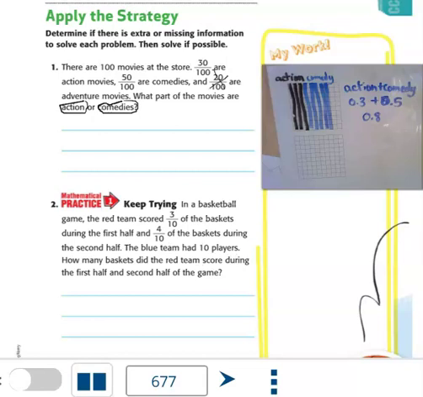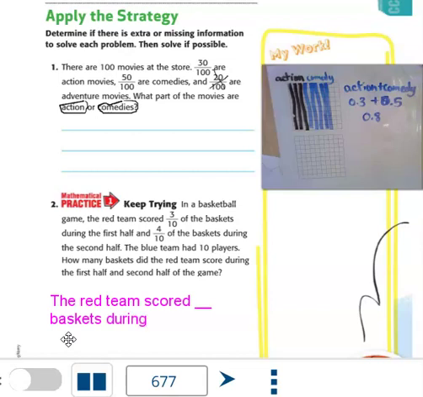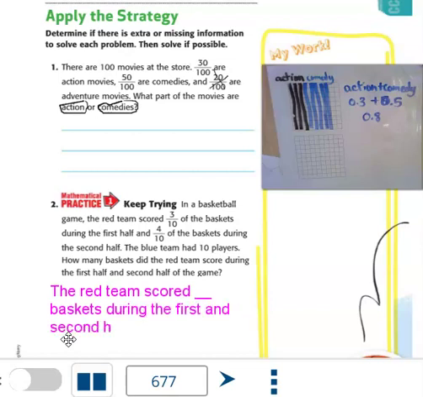So to write my complete sentence answer, I'm going to look at my question, and I'm going to say the red team scored baskets during, and you're going to fill that in with a fraction of a whole.